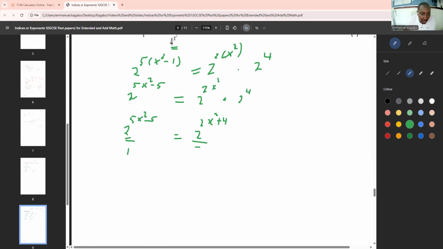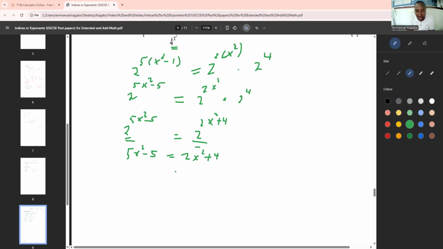So this is 5x squared minus 5 equals 2x squared plus 4. I've said if bases are equal, powers are going to be equal. That's why I'm equating the powers, which is 5x squared minus 5 equals 2x squared plus 4.